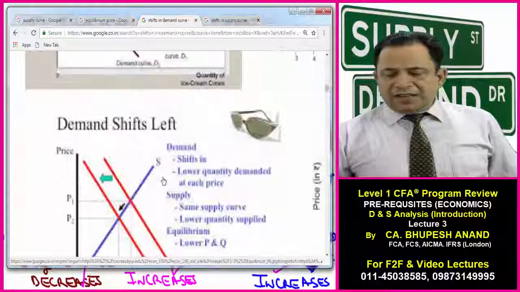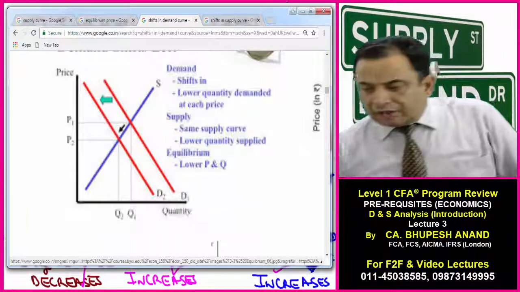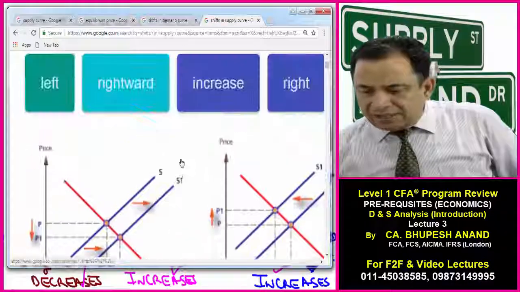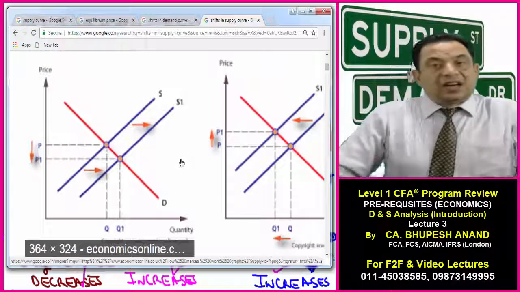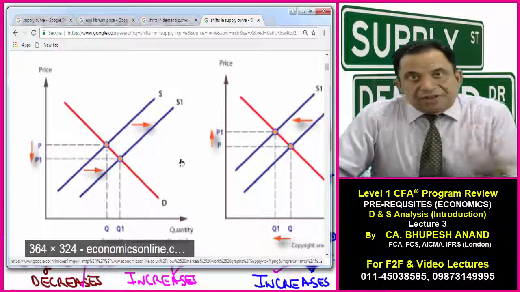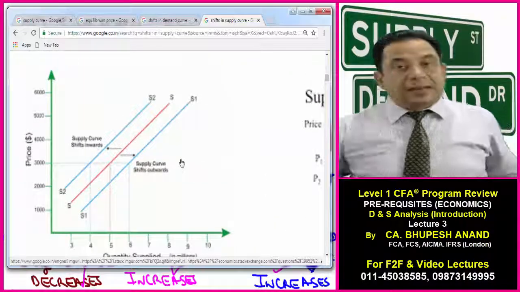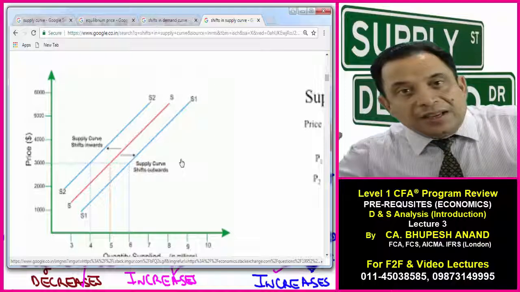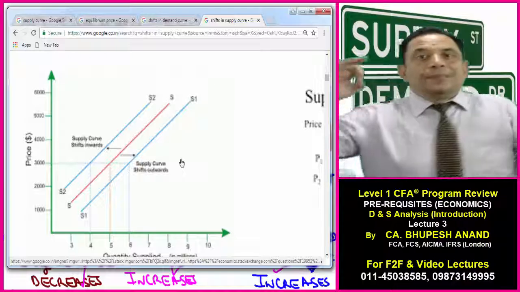Accordingly we can easily find out whether it is a right shift or left shift. Along with that, I have seen shifts in the supply curve, again right shift or left shift. What a right shift or a left shift tells me is important to be learned, or I will say the intention should be clear to you.